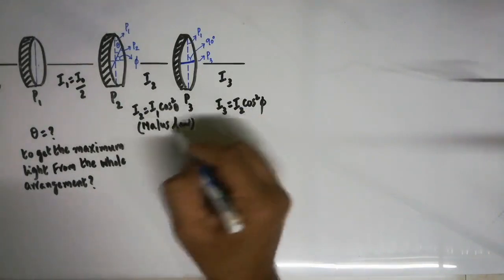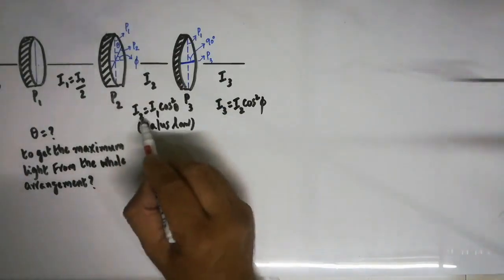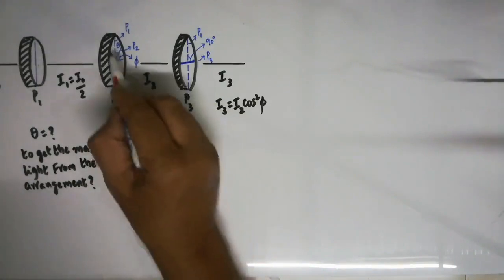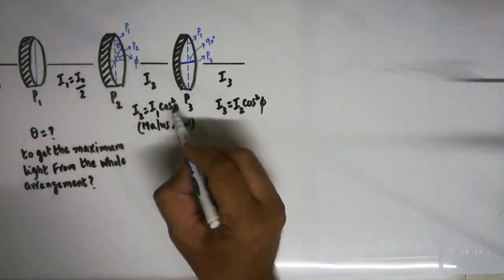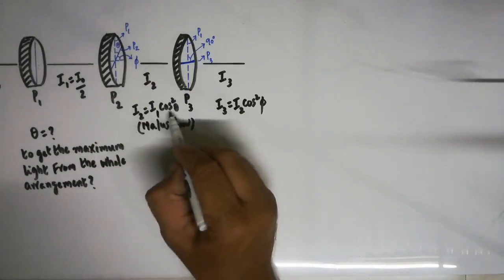According to Malus law, the intensity of the light which comes out from the second polaroid is I1 cos square theta. Here theta is the angle of rotation of the second polaroid. Any doubt on this? So I2 is directly proportional to the square of the cos of the angle.